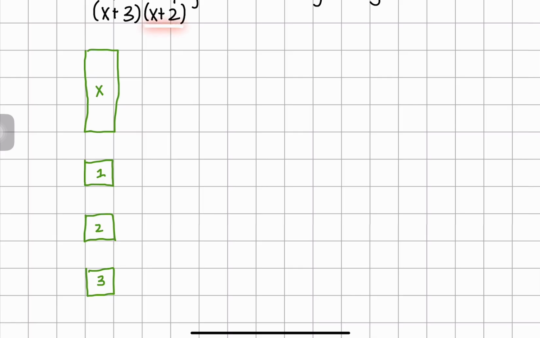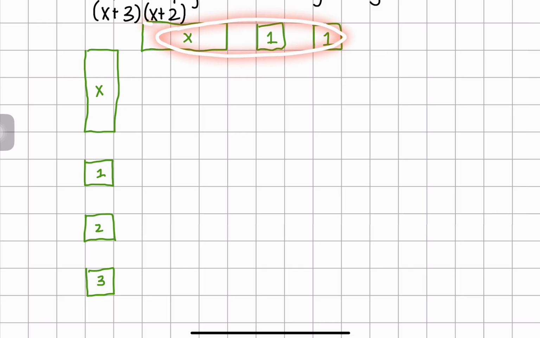Next, I want to represent this x plus 2. So I have x plus 1 plus 1, so that if I were to add these up, it would give me x plus 2.